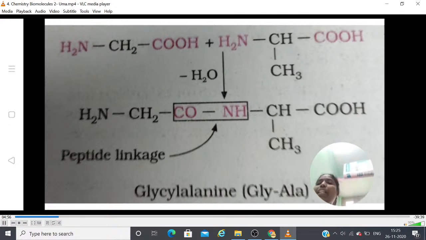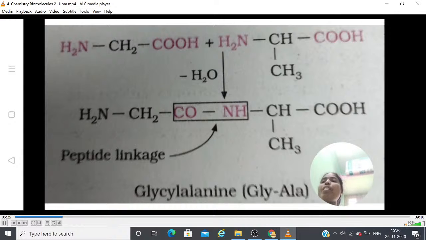Here dipeptide, tripeptide, pentapeptide, hexapeptide, and so on, polypeptides are so formed. Dipeptide: how to form a dipeptide? When the carboxylic group of glycine combines with the amino group of alanine, you get the dipeptide glycyl alanine.